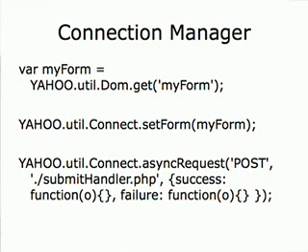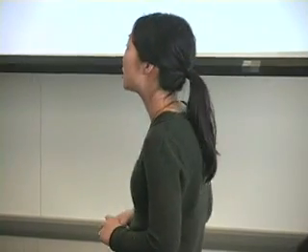So either my script lives on the same domain, or I need to access a proxy that's on my domain to then go ahead and make a connection to a remote server. So keep that in mind whenever you're working with Connection Manager. This is a nice built-in feature to help you submit your forms without having to take the user off the page. So now you have an in-page submission of your form data.